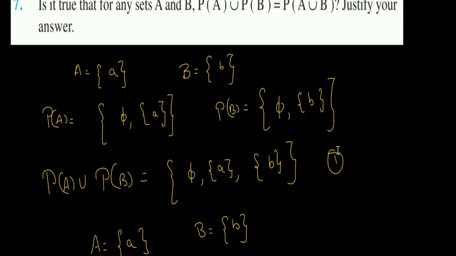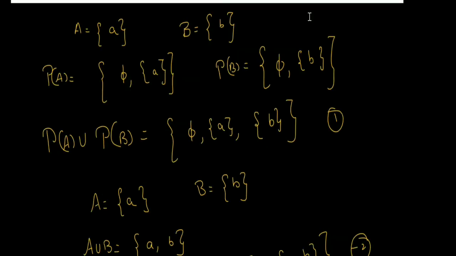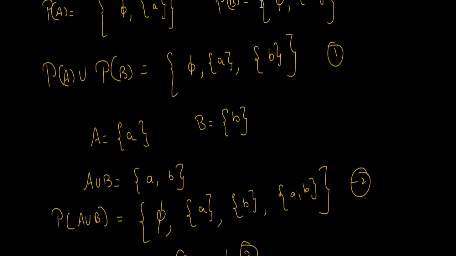Now we find A union B. We have to find the power set of A union B. For that we first have to find A union B. Set A I have taken as {a} and set B as {b}. So what is A union B? It is a, b. What is the power set of A union B?